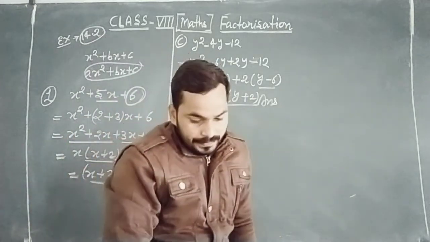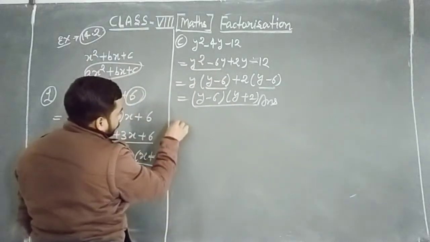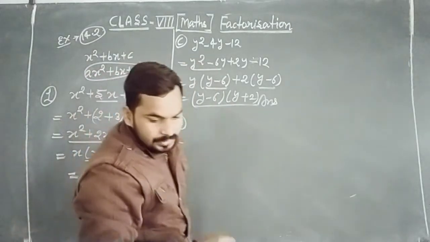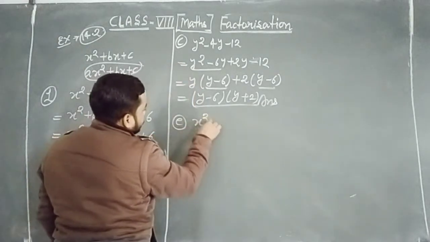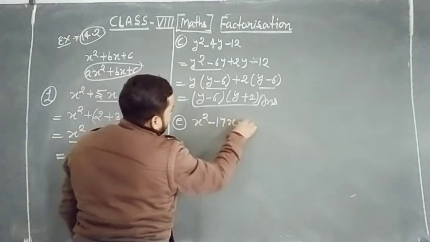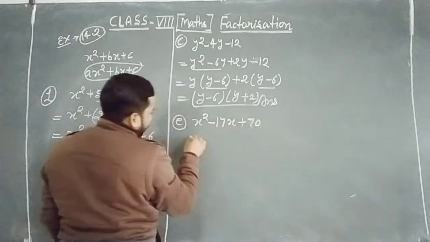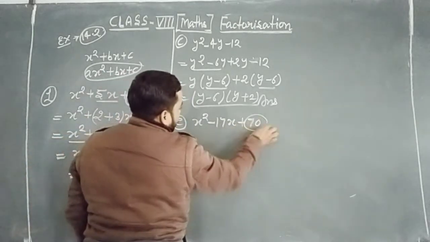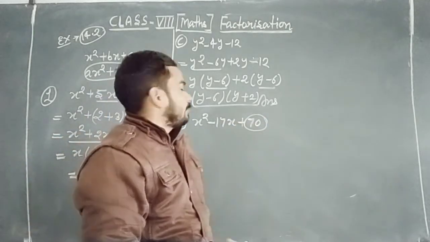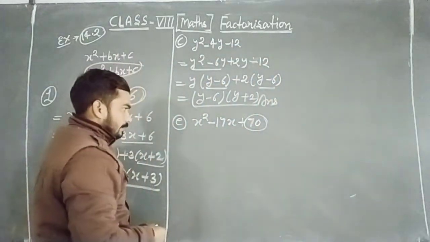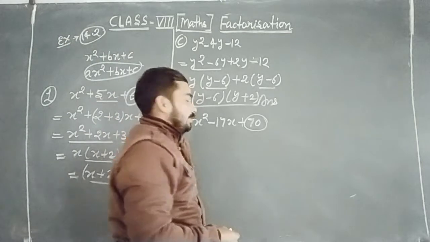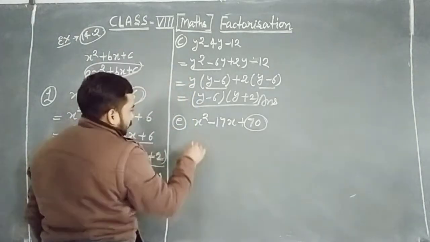Then take the e part. E part is x square minus 17x plus 70. Factors of 70: 10 times 7 is 70, and 10 plus 7 is 17.